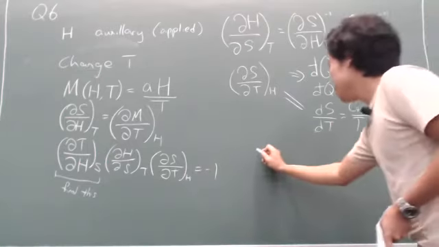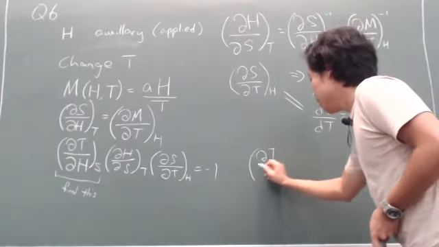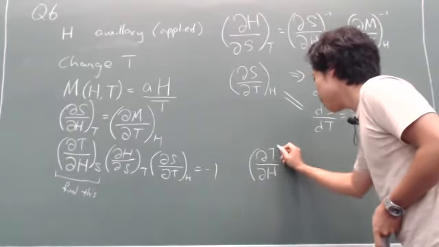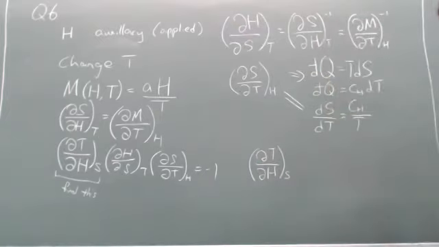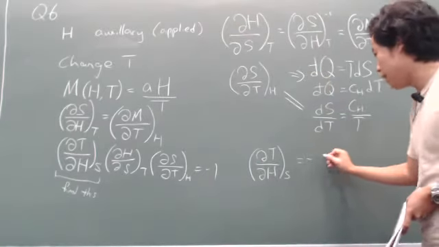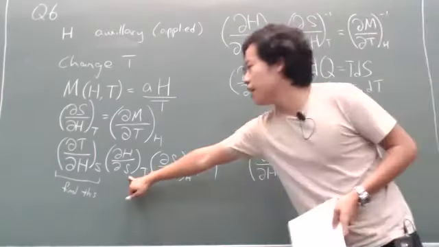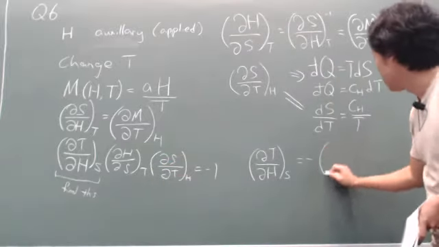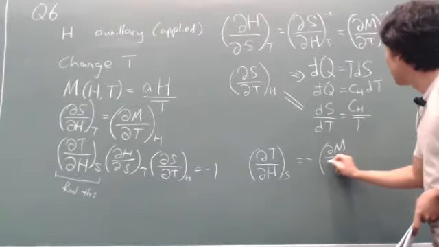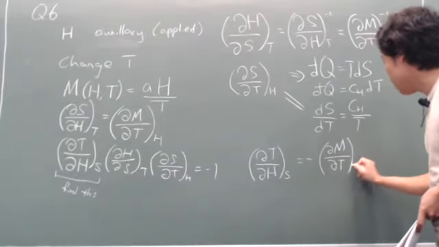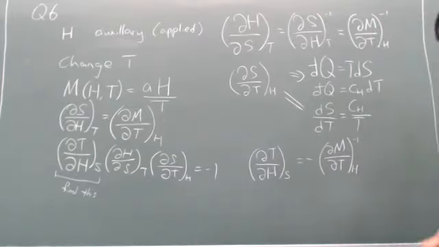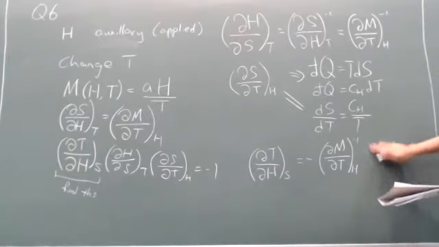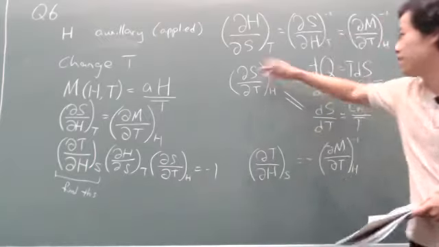So we get dt/dh at constant entropy is given to you by minus the inverse of dh/ds at constant t, which is the first term. So then it will be minus dm/dt at constant h inverse, and then times t divided by ch, because you've got to take this other side, so this is technically flipped.